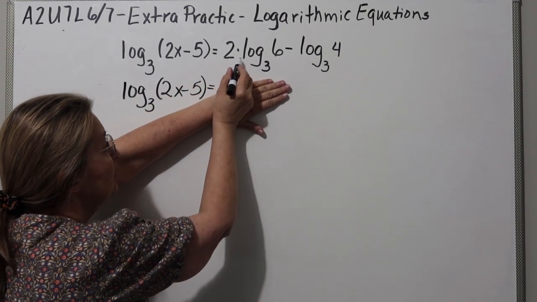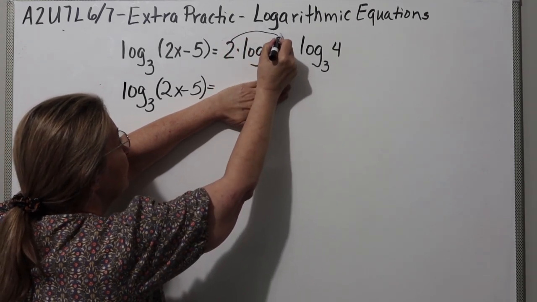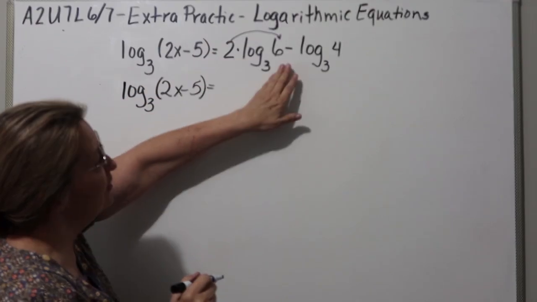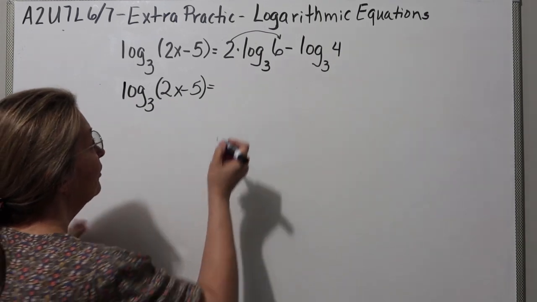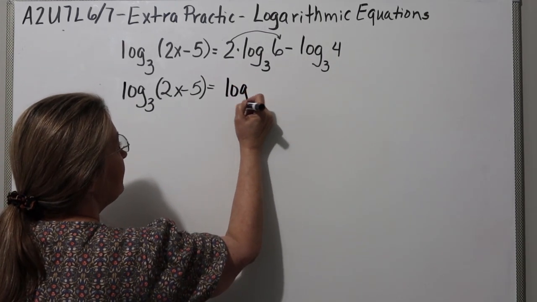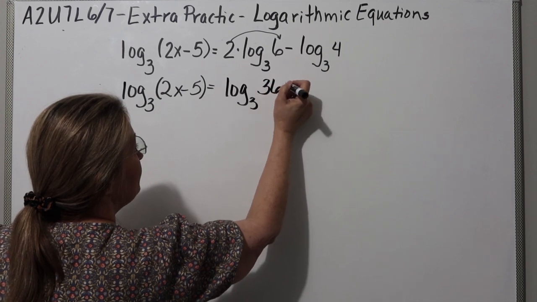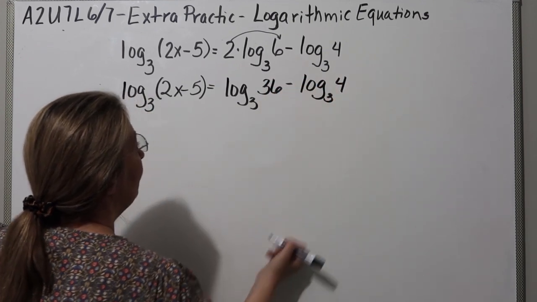Since I have a coefficient in front of my log, I don't want that. I can use my power property to make this the exponent of the argument, this number is called your argument. So 6 to the second power is going to be 36. I'm going to do log base 3 of 6 squared, which is 36, minus log base 3 of 4.